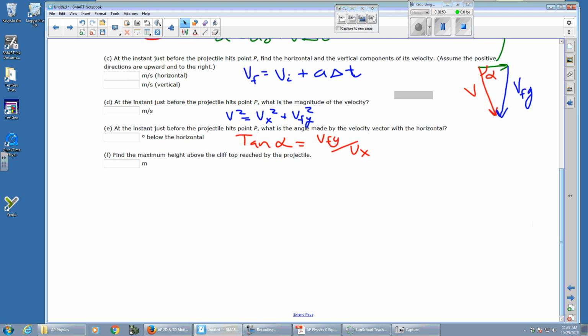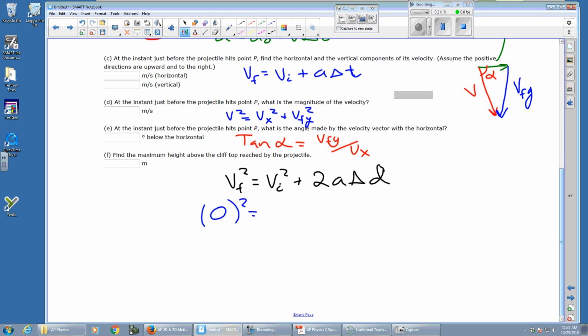And then for the bottom part, I would probably go with v final squared equals v initial squared plus 2a delta d. Do it in the y direction, so I'd end up with 0 squared equals v y initial squared plus 2 times a y times h.